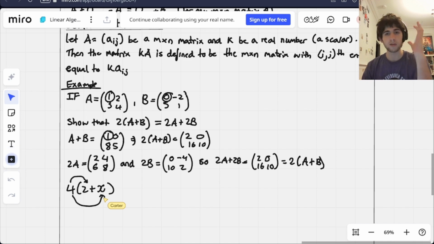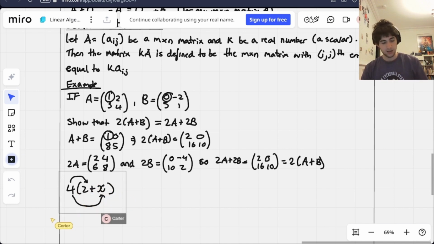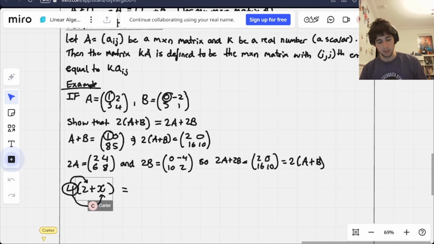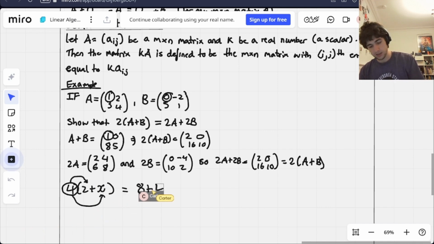And this again all comes back to the field axioms which we'll talk about in real analysis. But effectively, you should be familiar with doing something like this in high school or secondary school, so distributing the scalar over this sum of two terms. And that gives you 8 plus 4x.